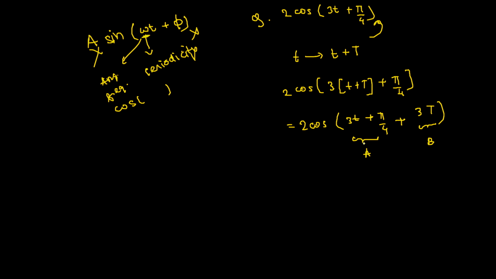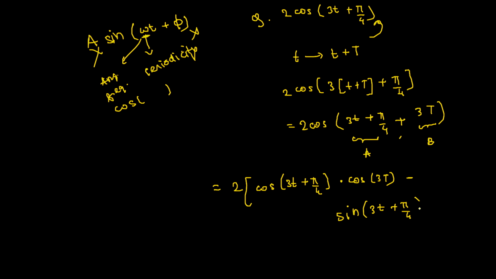So we have cos of A plus B, which can be written as cos A cos B minus sin A sin B. So this 2 remains the same, and I have cos of 3t plus pi by 4 into cos of 3T minus sin of 3t plus pi by 4 into sin of 3T.